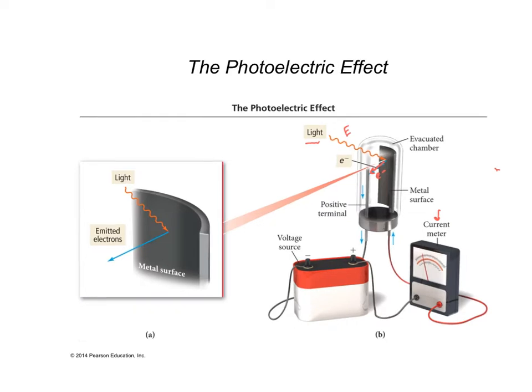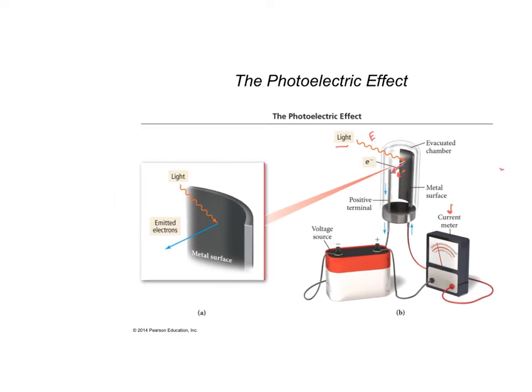So again, according to classical theory, the energy of light was due to the frequency and the energy of light was due to the amplitude. So the prevailing idea behind the photoelectric effect was that if you shine very bright light, very high amplitude light, onto the metal, you're going to get current.